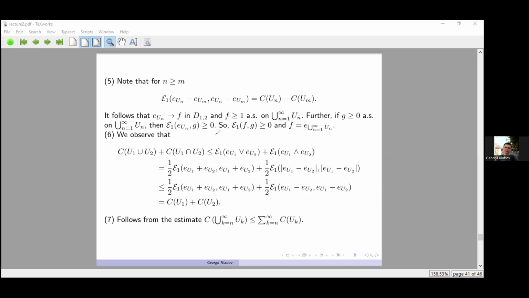So first of all, we know that if we take the maximum of potentials EU1, EU2, then this maximum will be equal to 1 on U1 and U2.